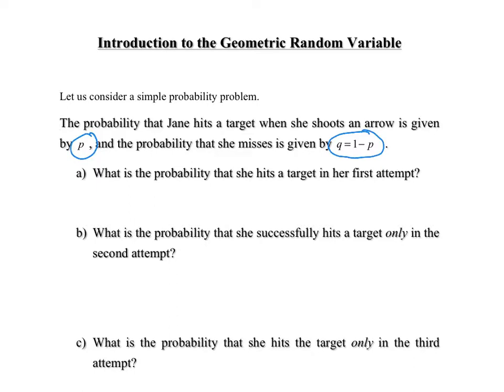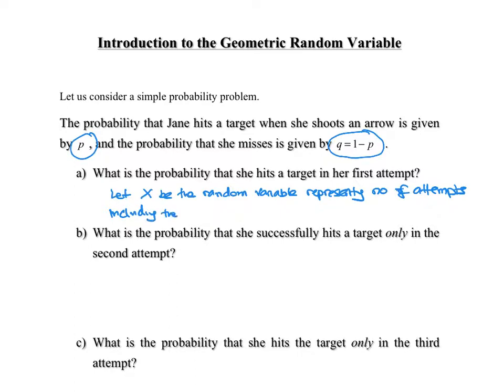Okay, let X be the random variable representing the number of attempts, including the successful attempt.